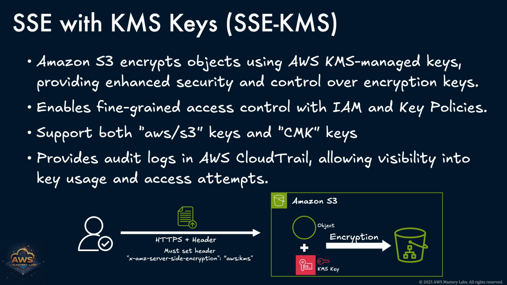However, because it involves additional KMS API calls during both encryption and decryption, SSE-KMS introduces a slight increase in latency and cost. As illustrated, the appropriate HTTPS header must include the key set to AWS KMS to activate this feature.